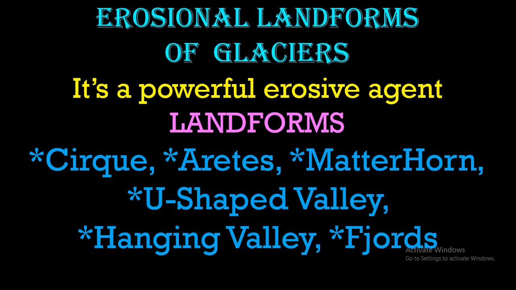It erodes very quickly because of global warming. Well, what are the landforms of glaciers? Cirque, arête, Matterhorn, U-shaped valley, hanging valley and fjord. We'll see everything in detail.